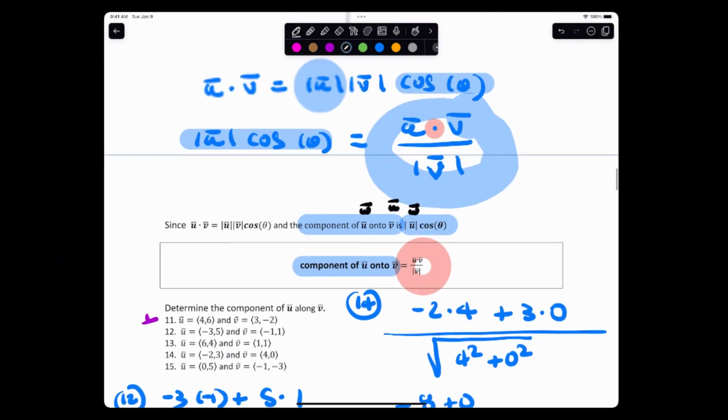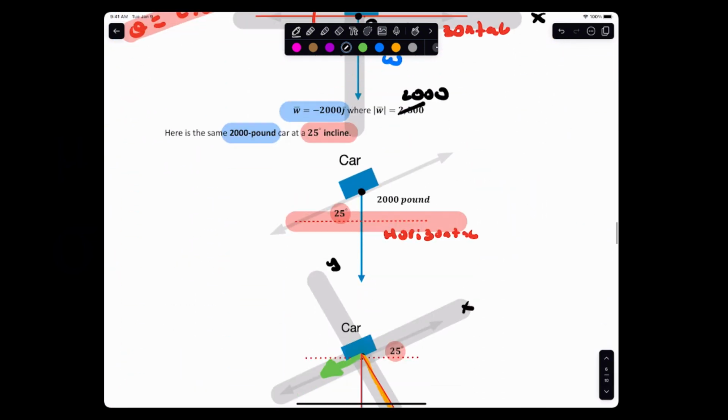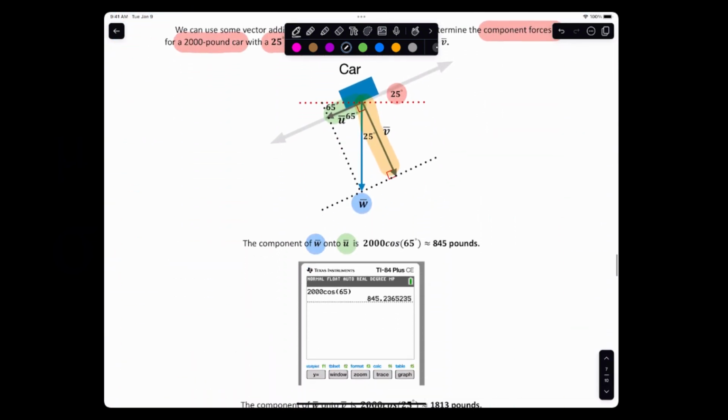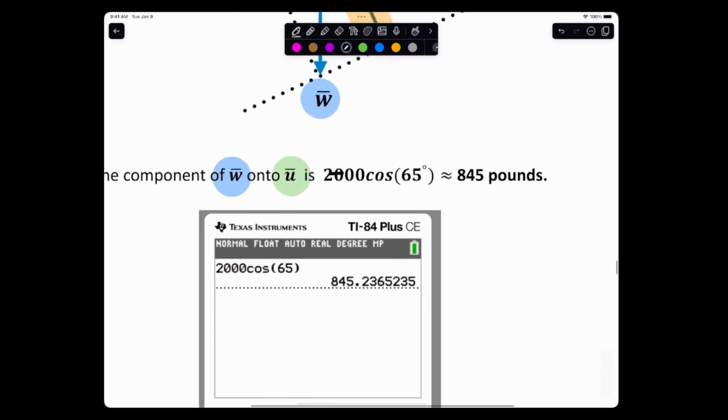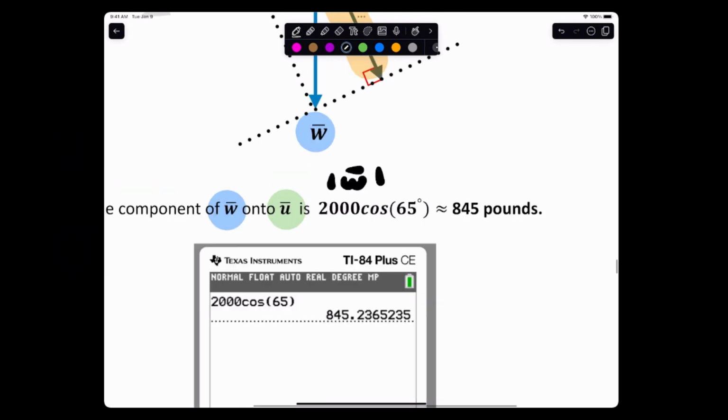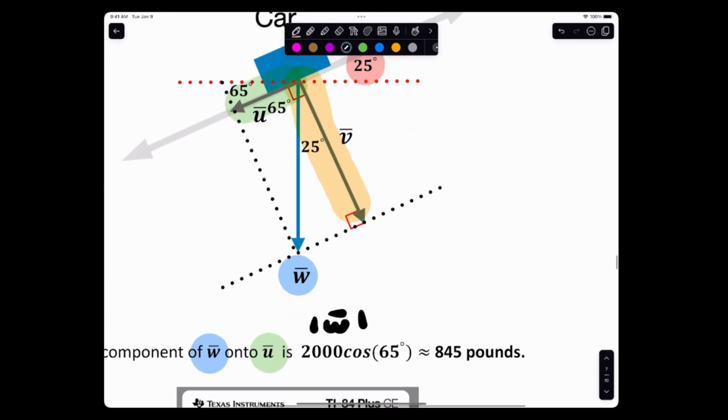So in our notes, the reason you see 2,000 for this example is because that's the length of what? W, the magnitude, and the angle between W and U here is 65 degrees. So it's important to find that angle.